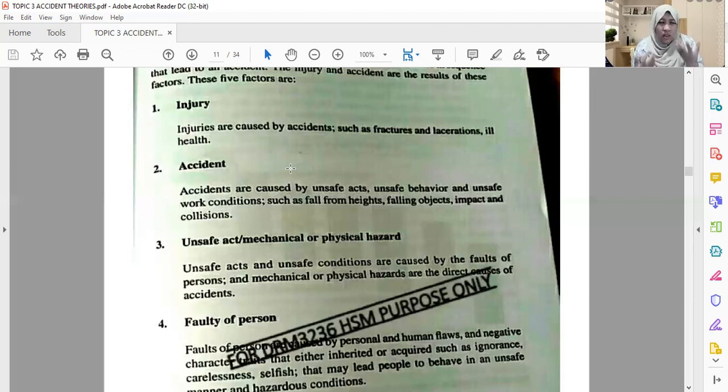Kesihatan itu menjadi lebih teruk akibat daripada kecederaan.